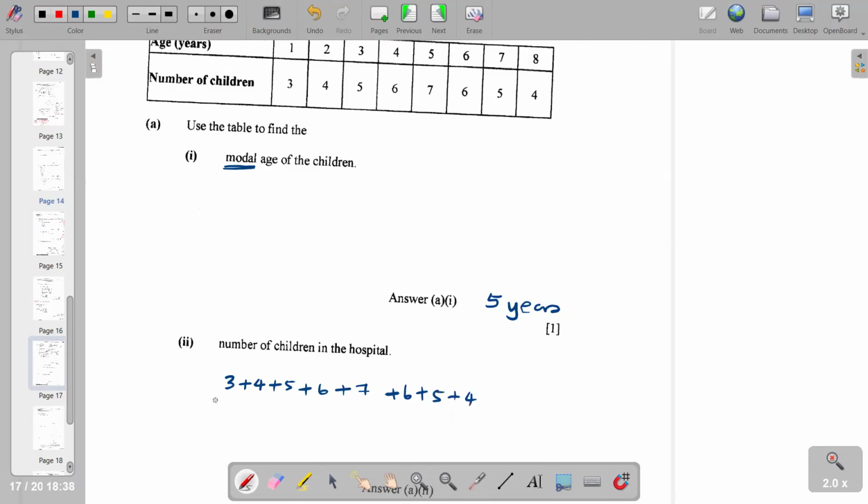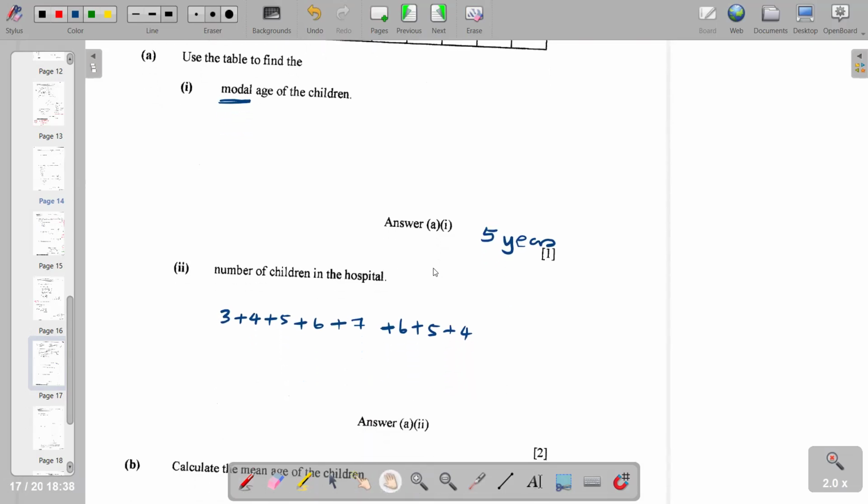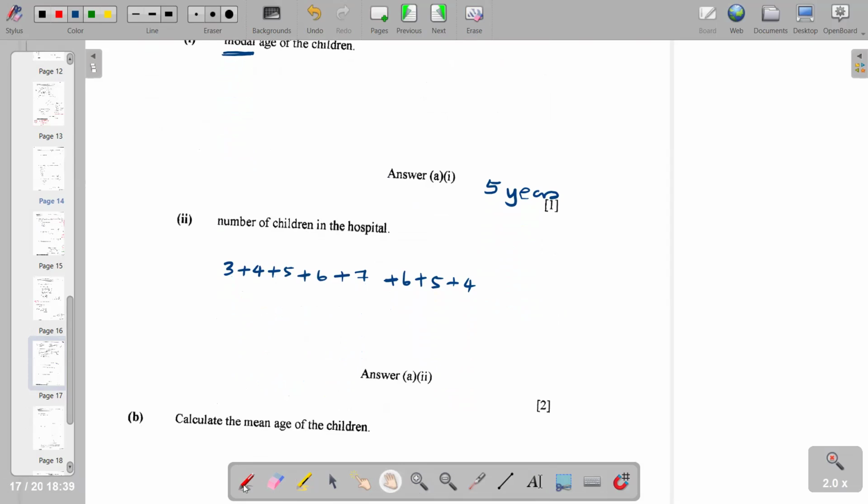If we add these numbers, 7, 12, 18, 25, 30, 40. So the total number of children in the hospital is 40.